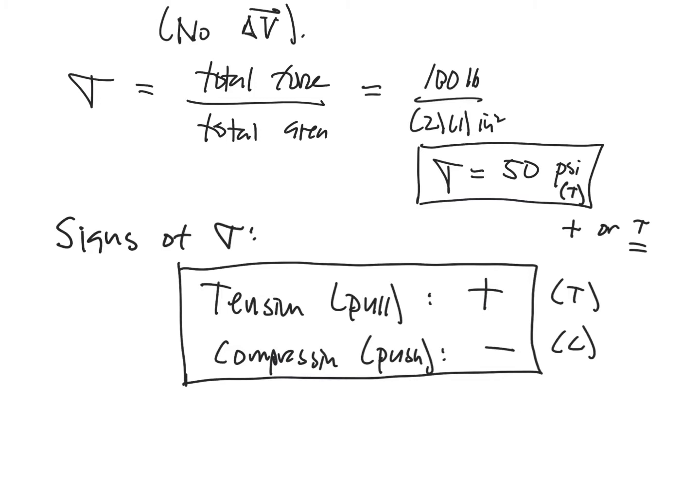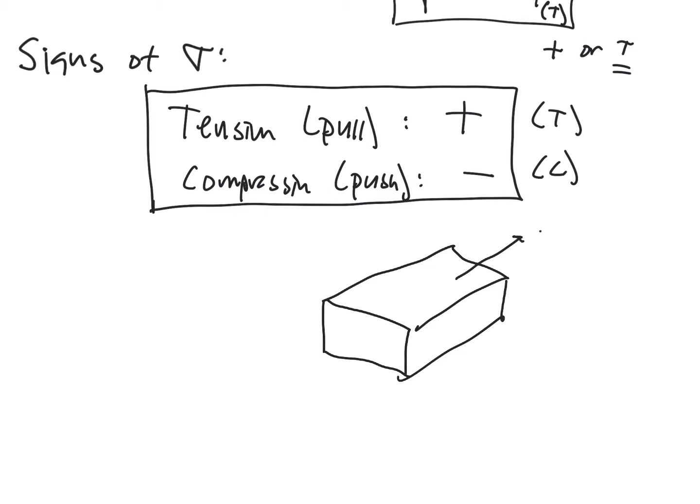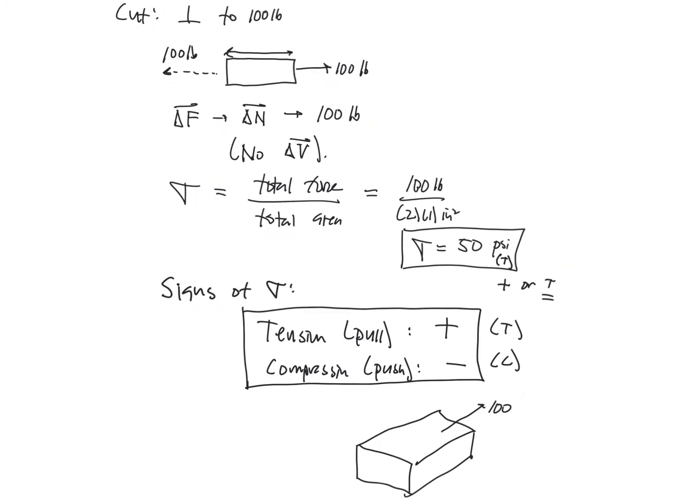All right, so that's a very simple problem, but one that's kind of useful to us. Now, if we took a small segment, let me draw another view of that back face, like so. The right face where we originally had the 100 pounds is going to be going this way. This cut is still this one, but now I'm reorienting it, looking at this back face.